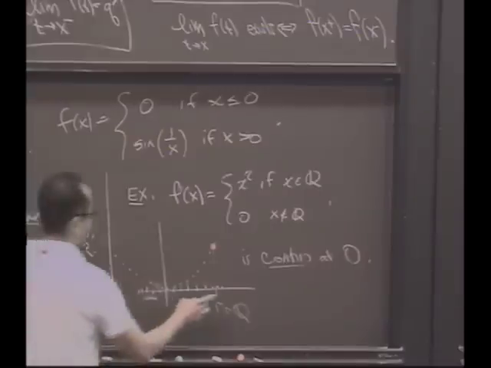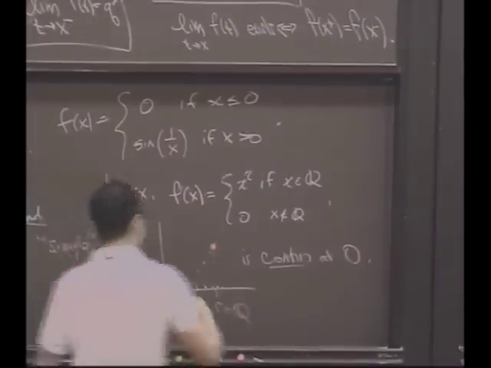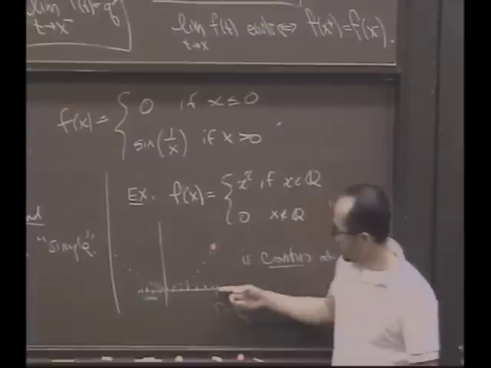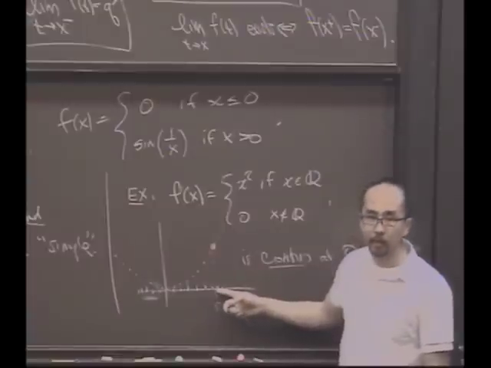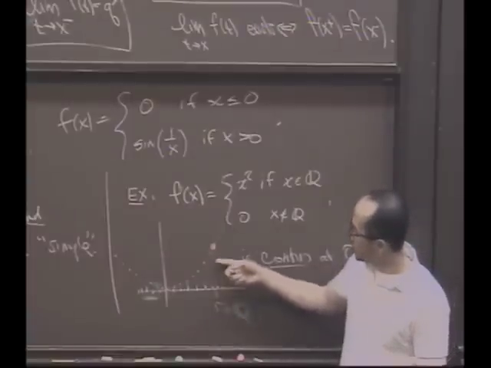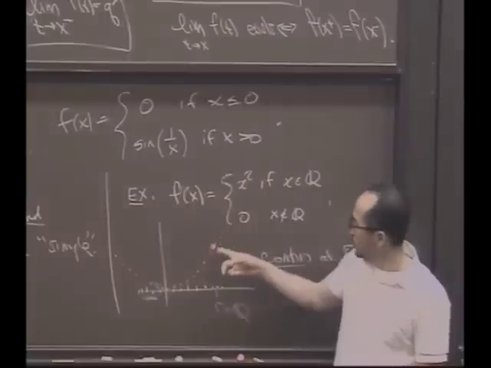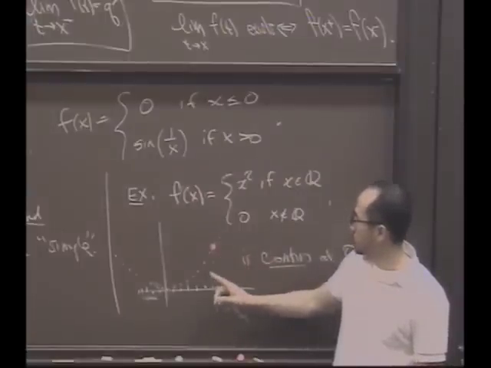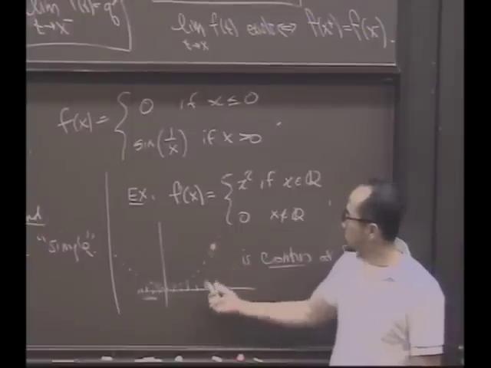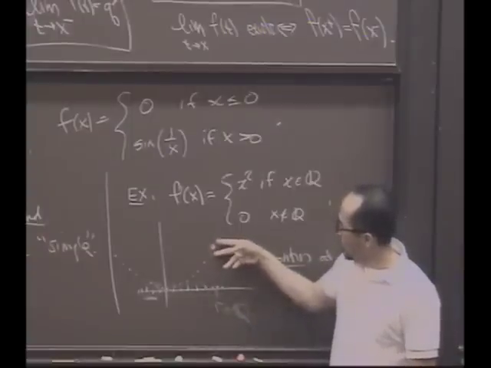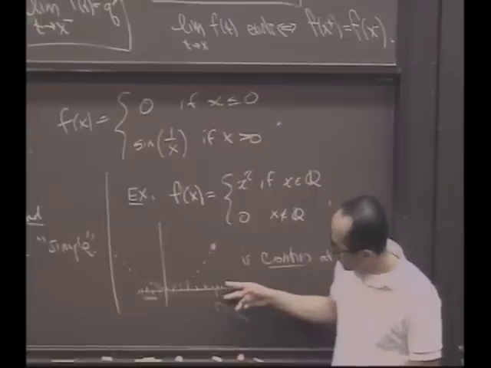Okay, so I want to know, does it have a limit coming from the left or the right? Well, the only possibility is that the limit coming from the right is 0, right? You could test all the other ones, but it's pretty clear it's not going to be anything else. Maybe you want to test this point and this point. But in either case, there is no delta ball that will leave you within epsilon of this proposed limit. What about this one?